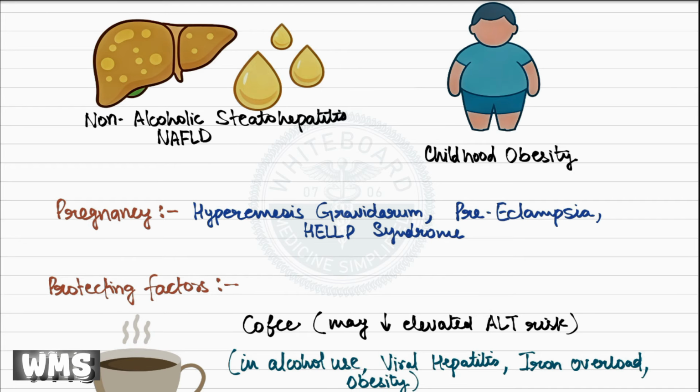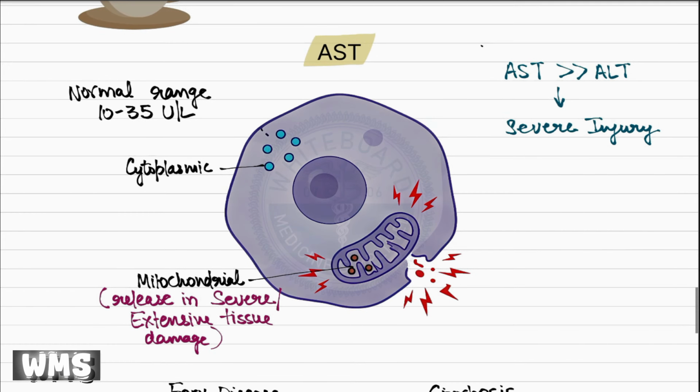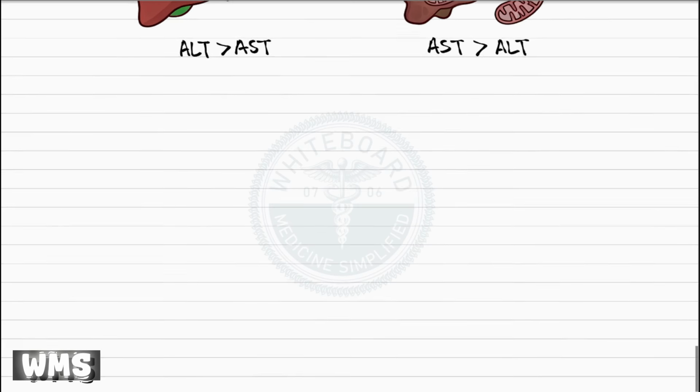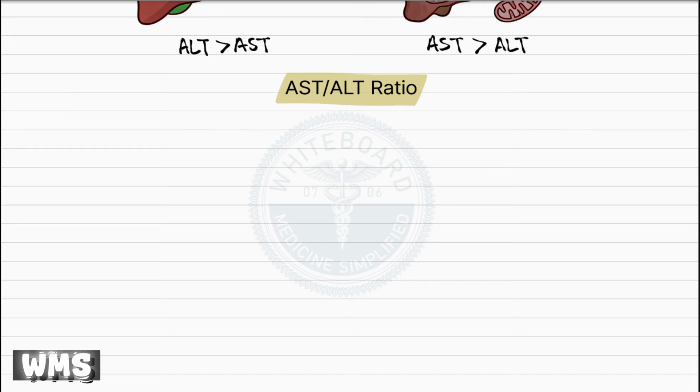So overall, while AST is a useful marker of hepatocellular injury, its interpretation always requires caution because of its presence in multiple tissues. Now the AST to ALT ratio can provide important diagnostic hints.